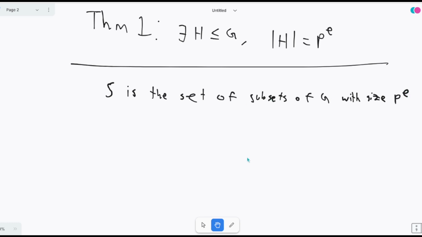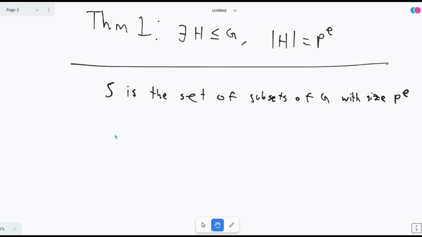So not subgroups, subsets. And one of these subsets is the subgroup that we're looking for. We'll show it indirectly using group actions on the subsets of this.